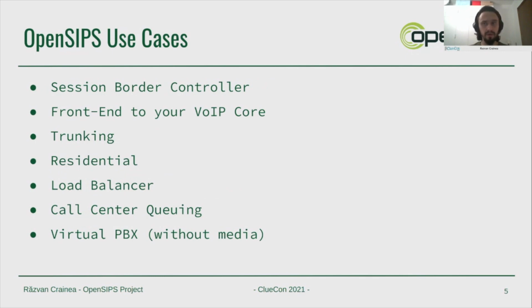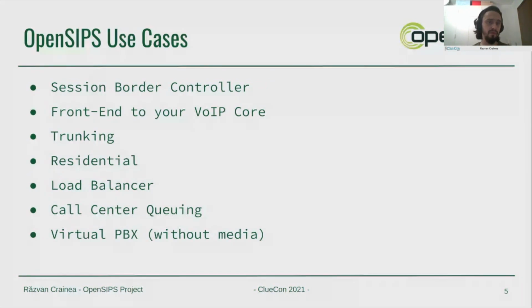So, for example, probably most of you are using FreeSwitch or a farm of FreeSwitch. You can use OpenSIPS either as a session border controller, or as a balancer for your existing FreeSwitch farms. You can do call center queuing, and it can also have all sorts of PBX features, like a virtual PBX. However, we are not handling media.